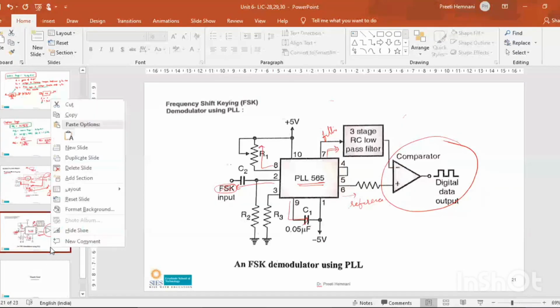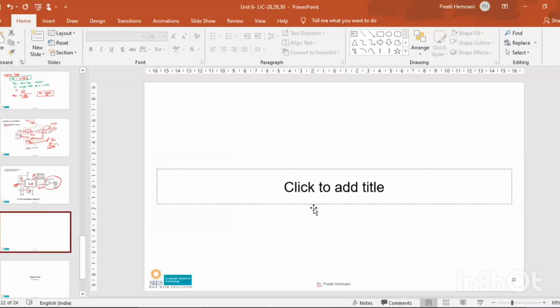Once again, I add one slide here to explain in detail. There is only one comparator added with the PLL, right? I'll explain first the easiest way, the block diagram way, and then we'll go to that. So we have a phase detector, a low pass filter, an amplifier, and then it goes to the VCO.